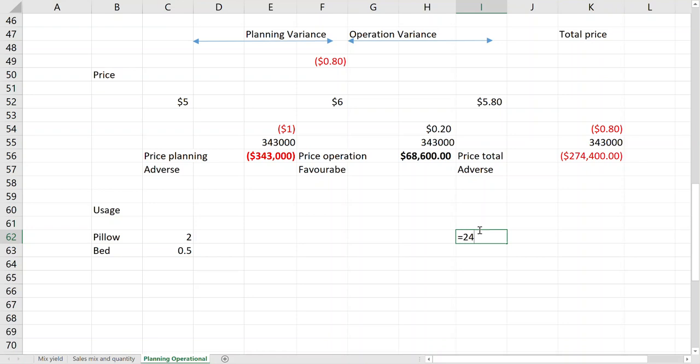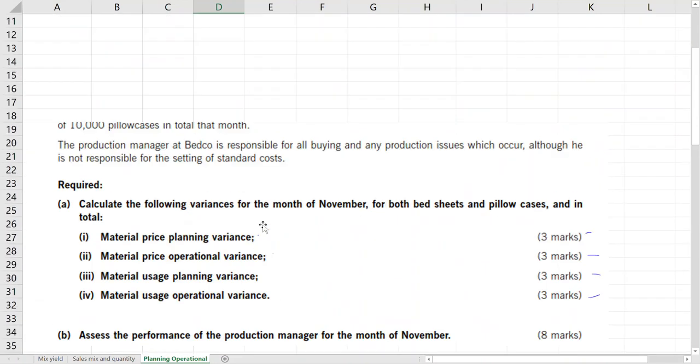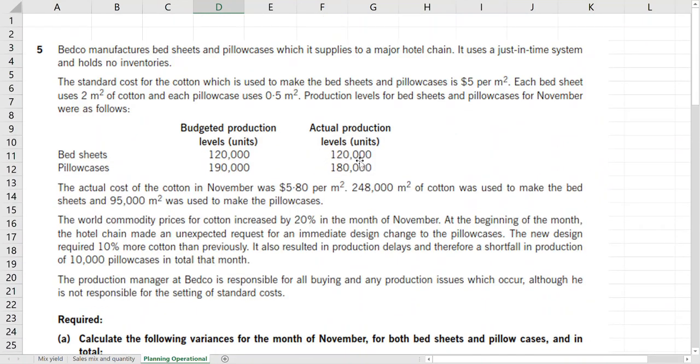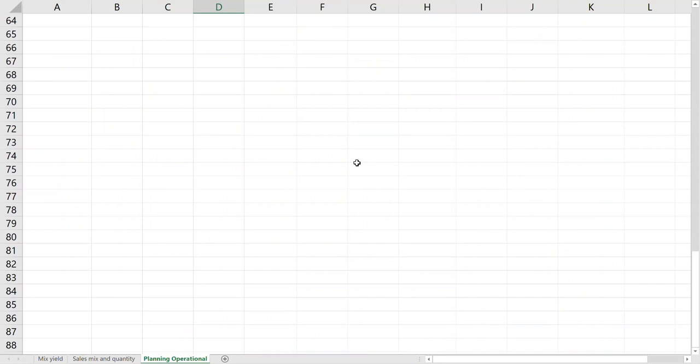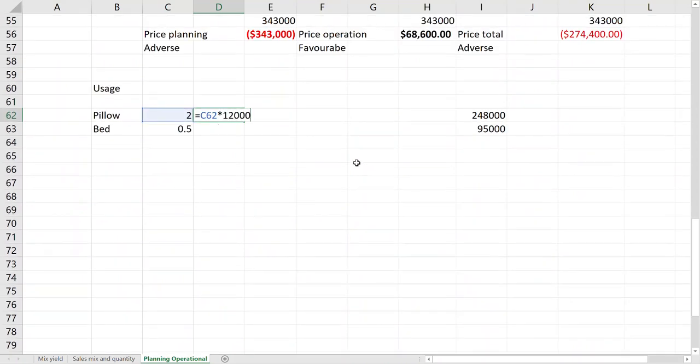Because what you can do is you can convert this to per unit by dividing by units, or you can convert this into total. Both of them would be okay. Let's convert this into units. Multiply by how many units? 120,000. Remember, actual units, not budgeted.